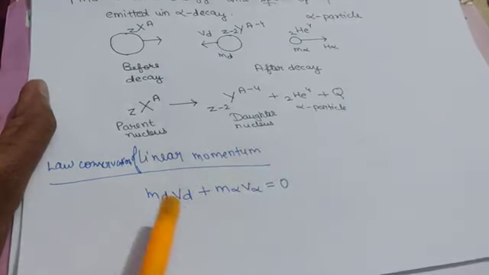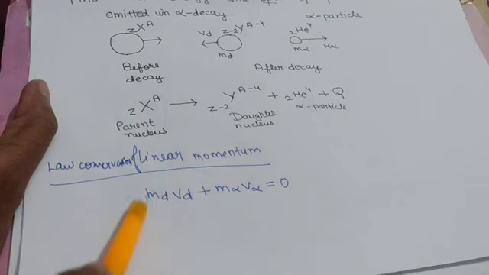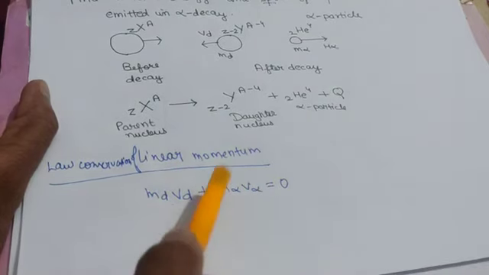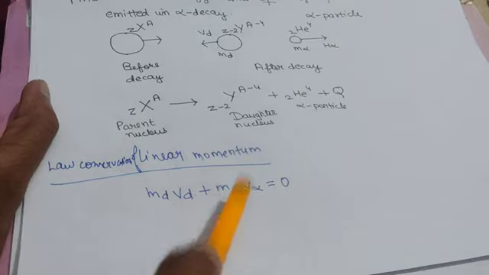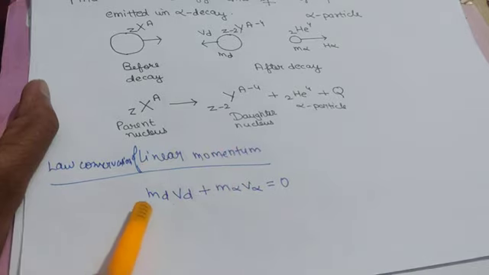So we need to add the momentum of the daughter nucleus and the momentum of the alpha particle, that is helium.